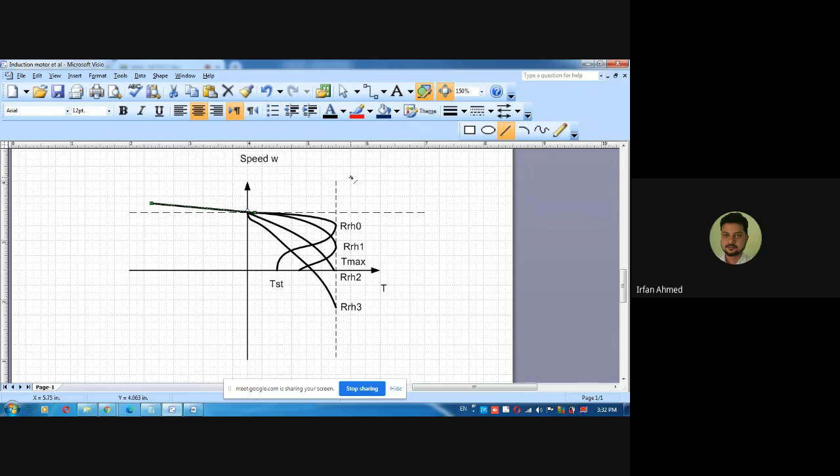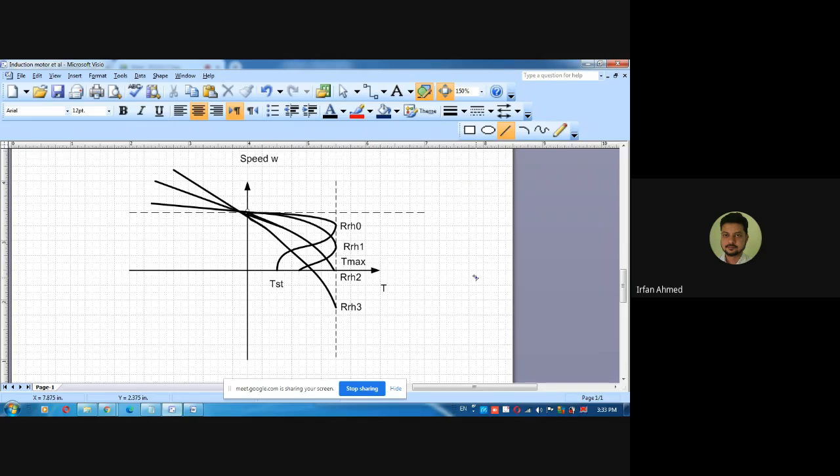This will be the speed-torque characteristic under regenerative braking for R_2 = 0, this will be for R_2 = R_1, for R_2 = R_2, and so on. Basically, the same characteristics extended into the second quadrant above the synchronous speed. Okay, clear?